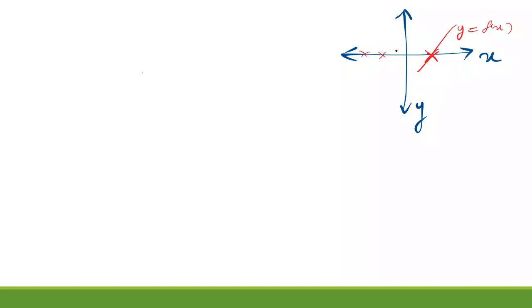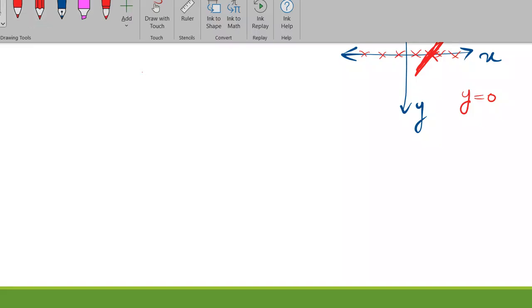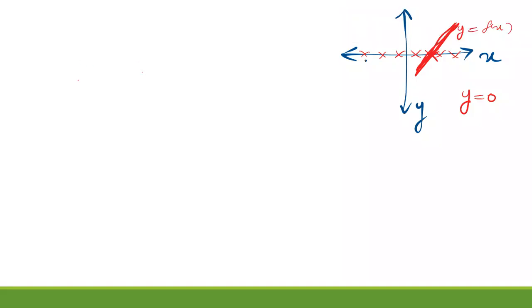All the y coordinates on the x-axis will be 0 only, right? Understood? If a graph cuts the x-axis, the y coordinate will be 0. Similarly, if another line cuts like this at the y-axis, what will be the x-coordinate?